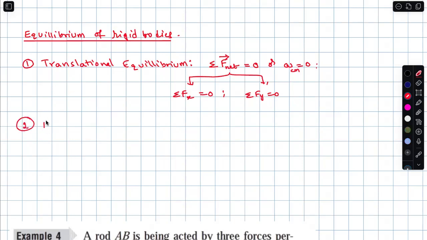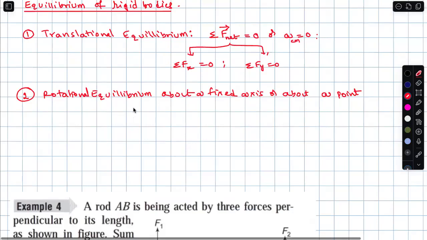Second one, rotational equilibrium about a fixed axis or about a point on the fixed axis. In this case, simply you will say that the net torque is 0.